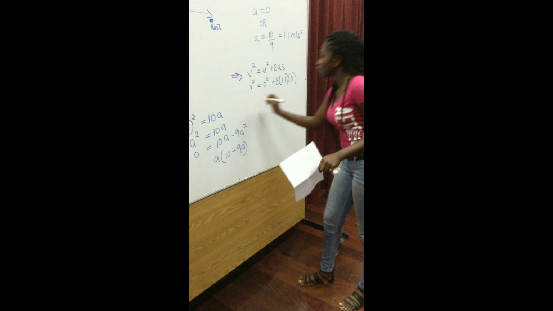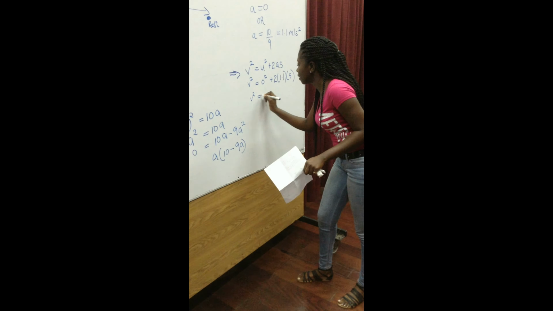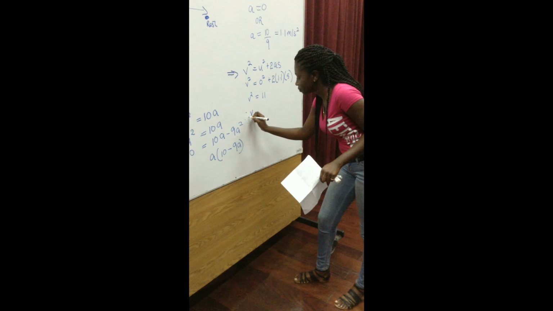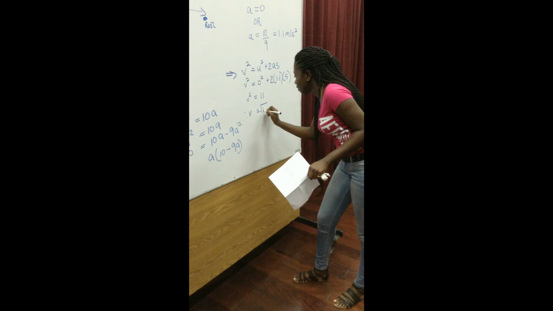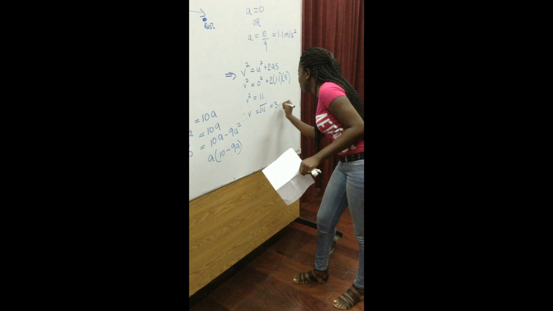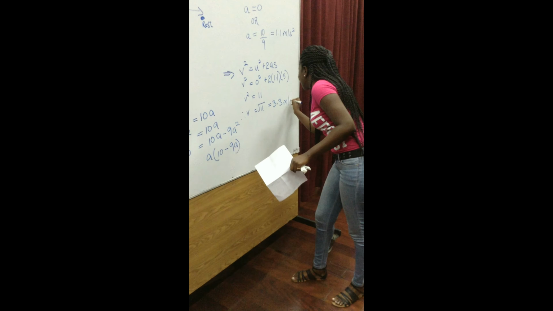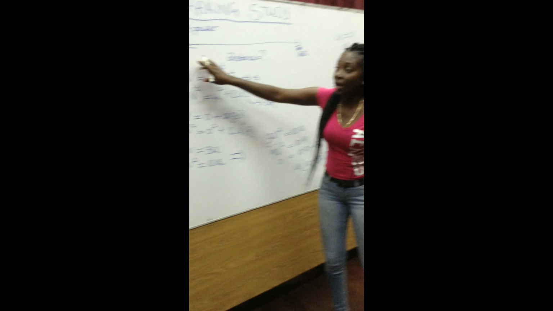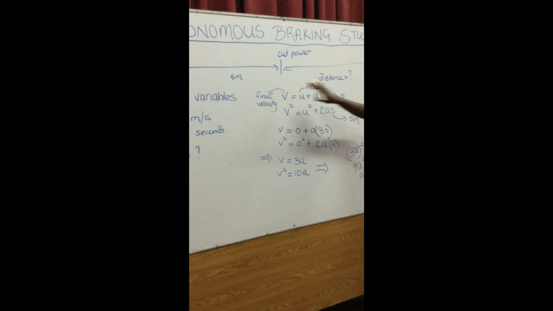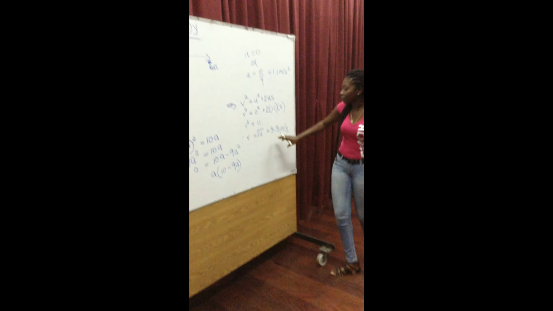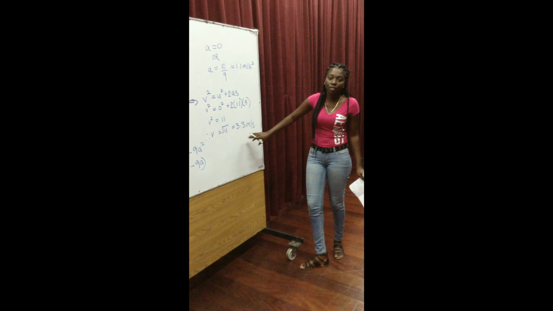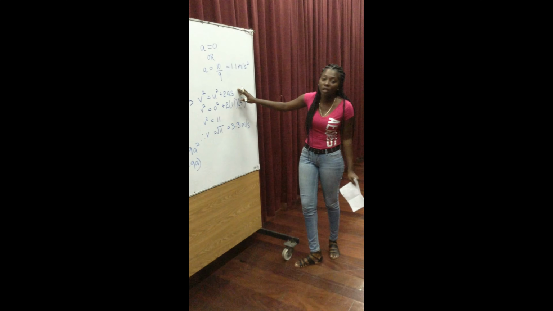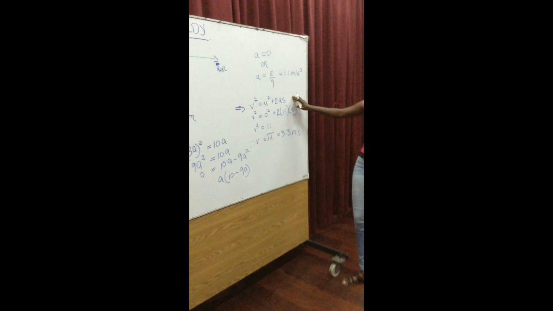So therefore, v squared is equal to 11. So therefore, v is equal to the square root of 11, which is equal to 3.3 meters per second. So actually, over the 5-meter mark, our car will be moving at a velocity of 3.3 meters per second. And this model here will determine the speed of our vehicle.